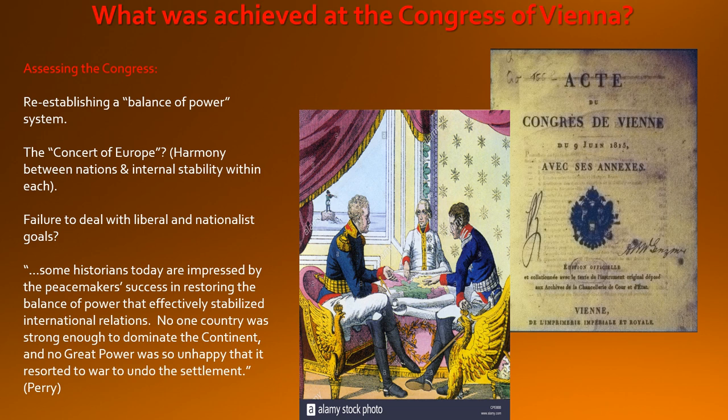So Perry is kind of cutting things down the middle there, as a textbook author usually does, appropriately. So he is saying that some historians still think that this was a very successful conference, a very successful set of agreements that came out of this great Congress.